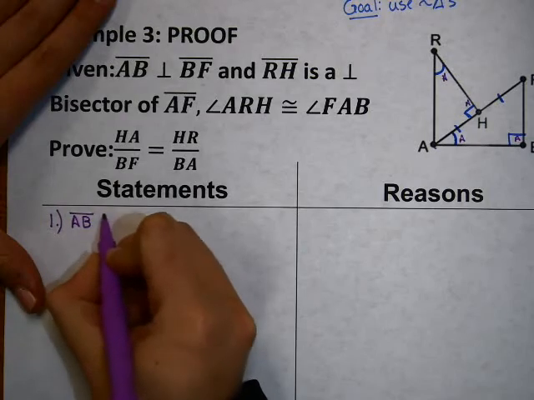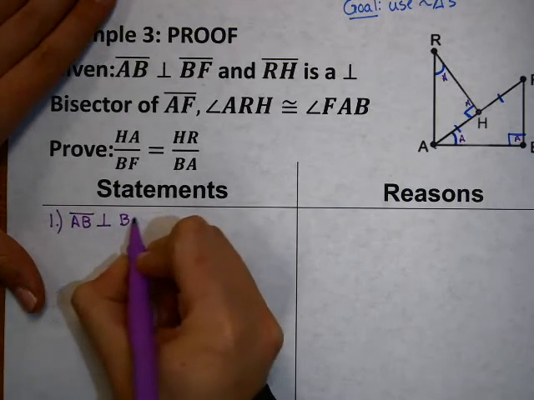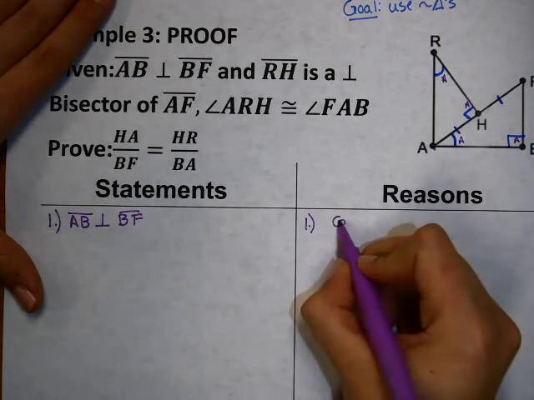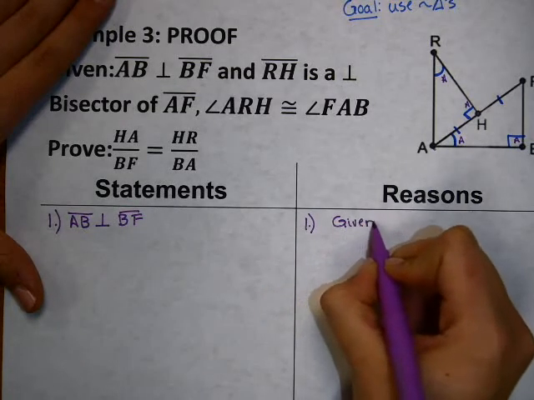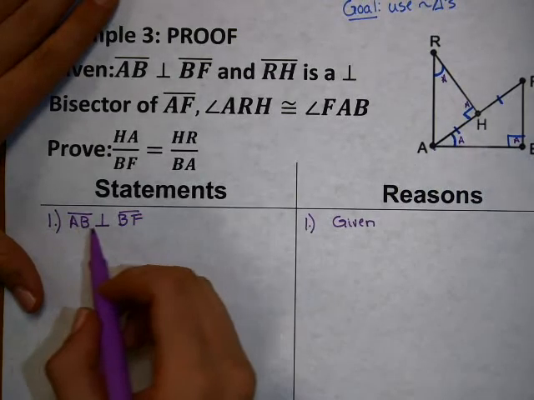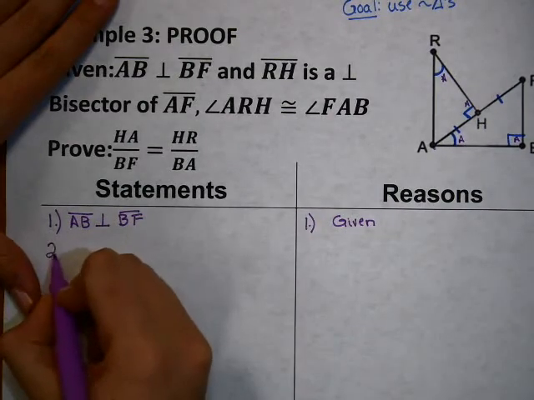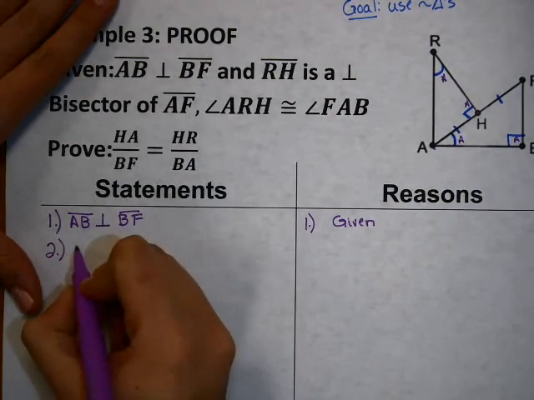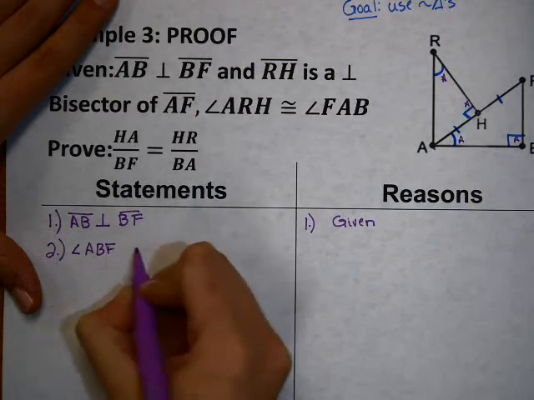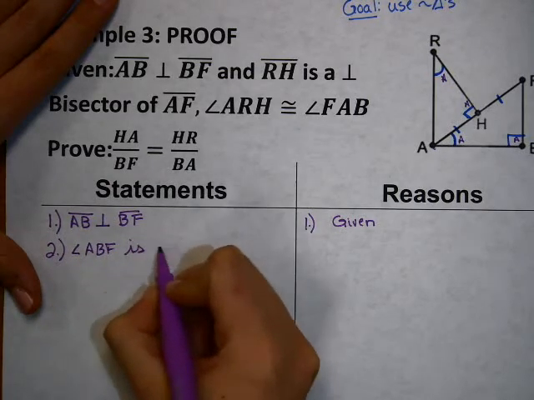So AB is perpendicular to BF. And that's given. Right? So then I need to say that this is a right angle. Right? So since I said they're perpendicular, I can say angle ABF is a right angle.